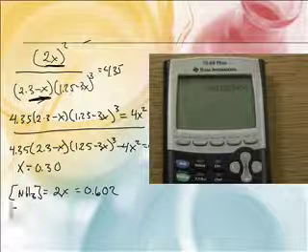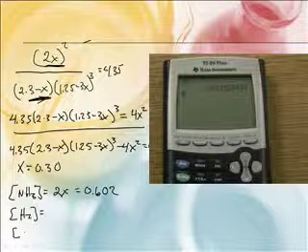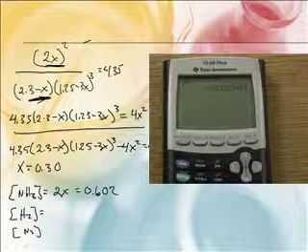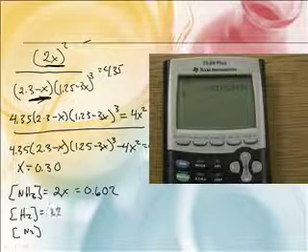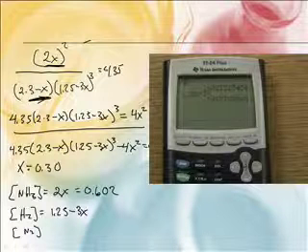The concentration of the hydrogen, which one was it? The concentration of the hydrogen is 1.25 minus 3x. So I'm just going to type 1.25 minus 3x, and I get 0.35.